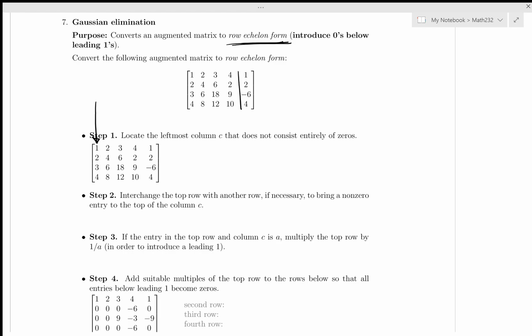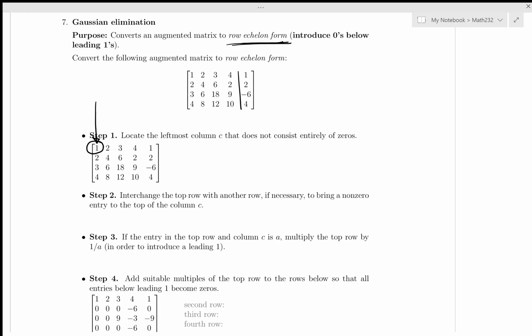If the entry in the top row and column C is an A, multiply the top row by 1 over A in order to introduce a leading 1. We don't need to do that either because we've got a 1 here in the leftmost upper position.